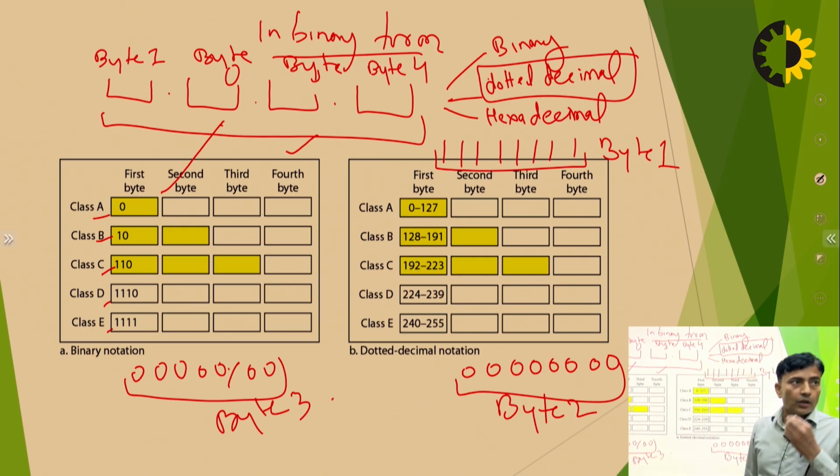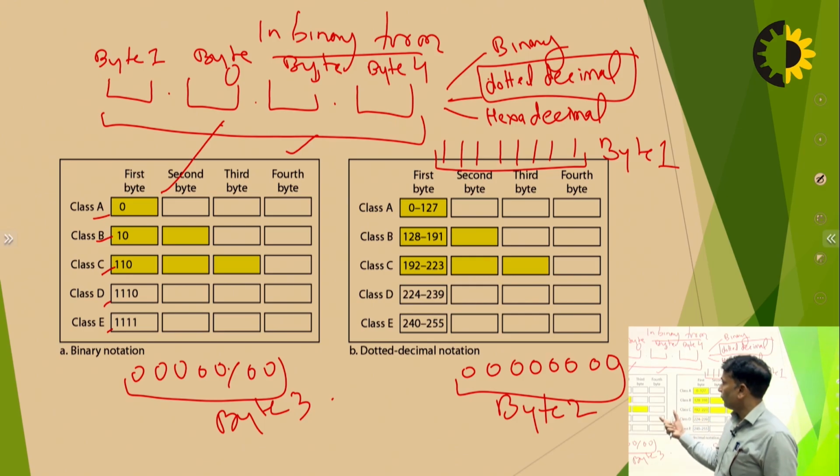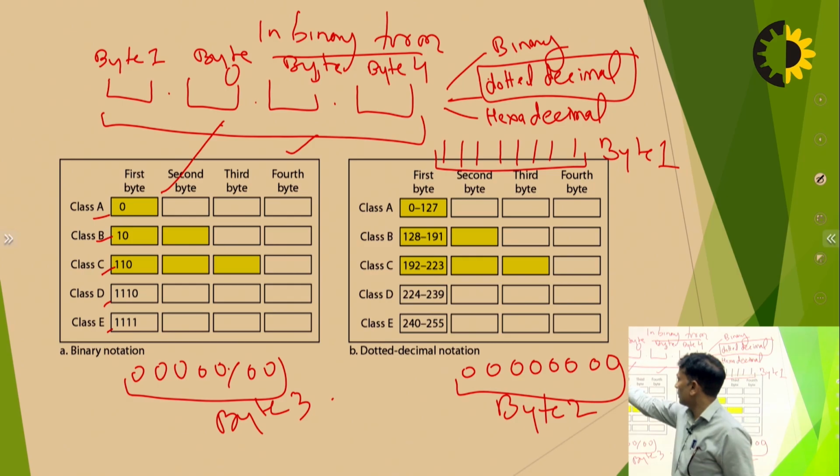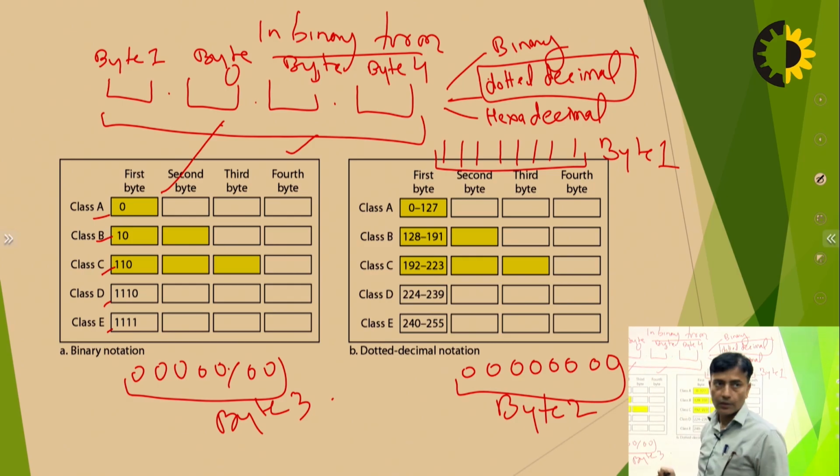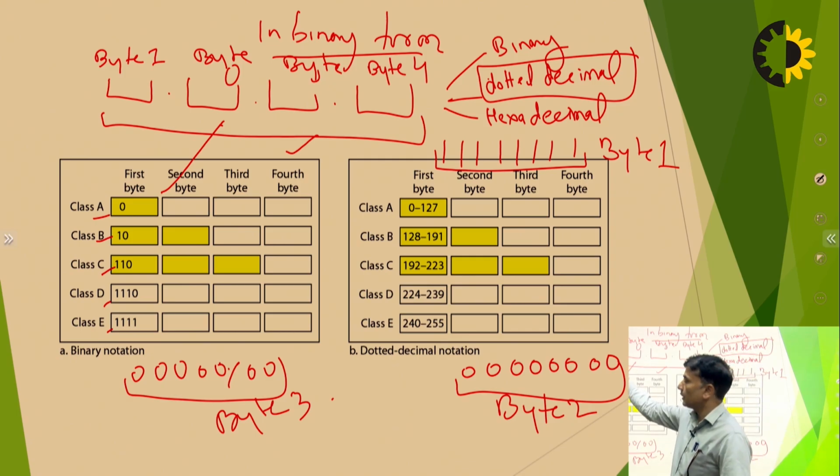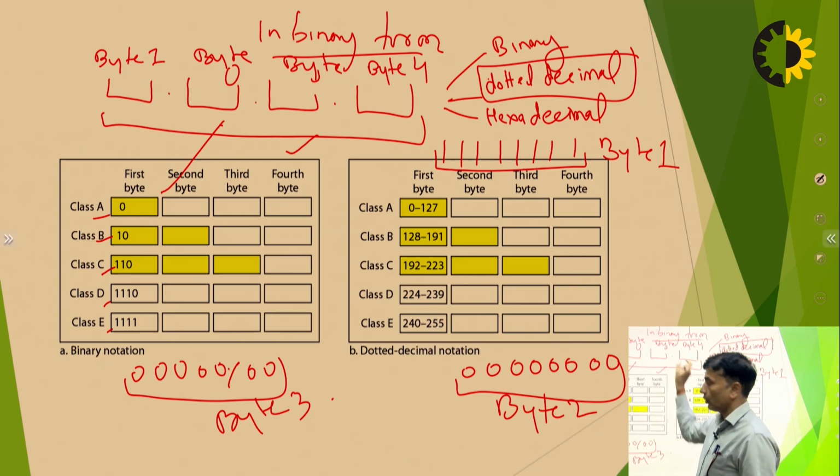Okay. So in dotted decimal notation, first of all, there will be an 8-bit division of all 32 bits: first 8 bits, second 8 bits, third 8 bits, and fourth 8 bits. Very clear? Then after the first 8 bits there is a dot, after the second there is a dot, after the third there is a dot.